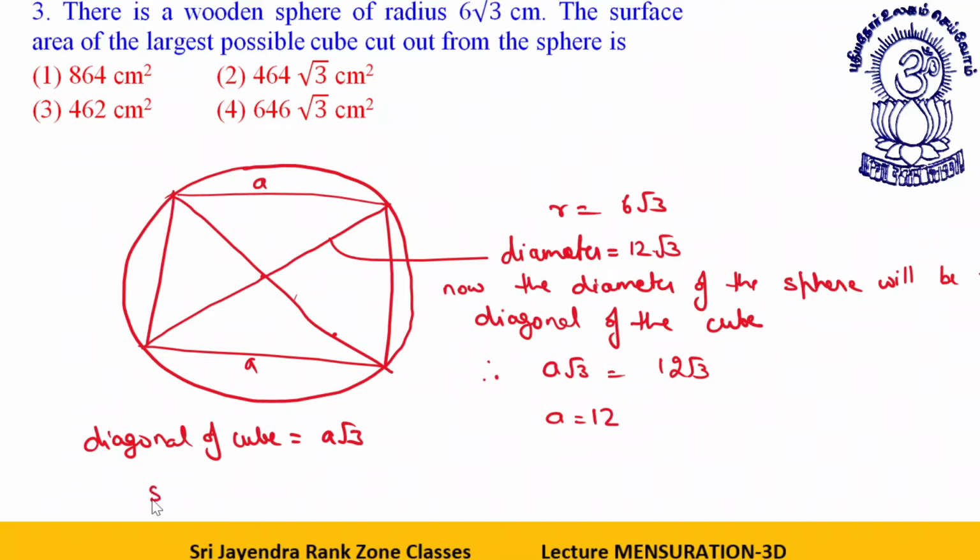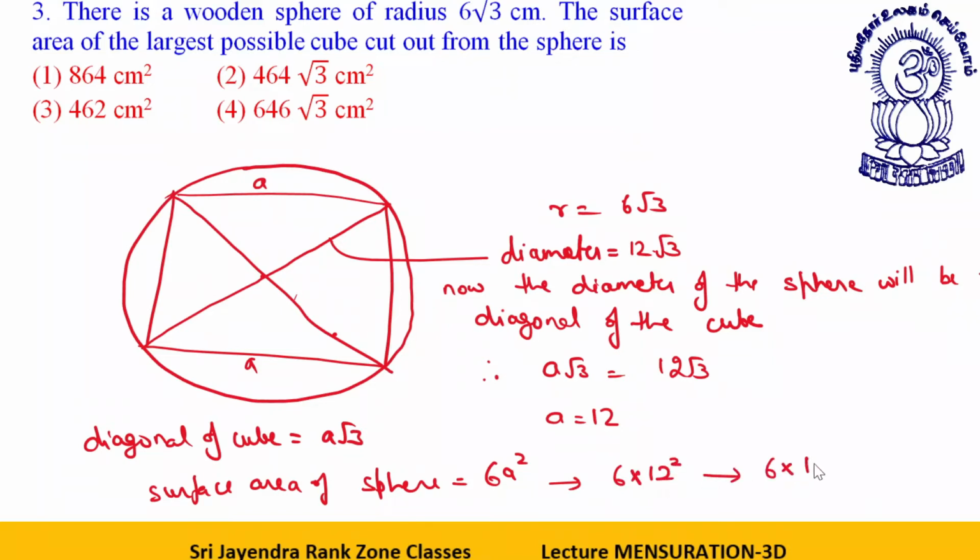Now, surface area of the cube is what? This is 6 A square, or I can say 6 into 12 square.